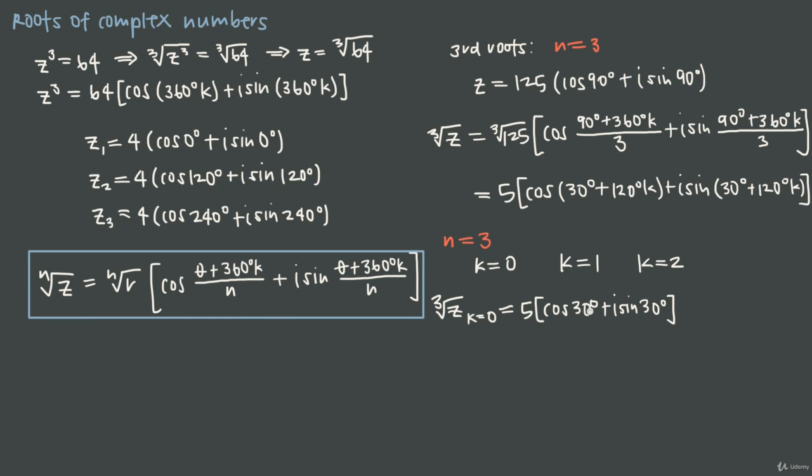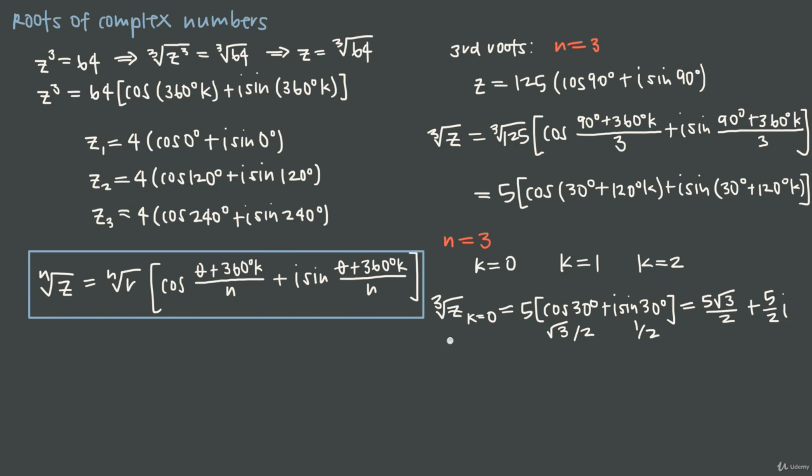Now I could leave the root in this form, or I could simplify it by evaluating cosine and sine at 30 degrees. Cosine of 30 degrees is root 3 over 2, and sine of 30 degrees is 1/2. So basically this is going to be equal to 5 root 3 over 2 plus 5 times 1/2, or 5/2 i.